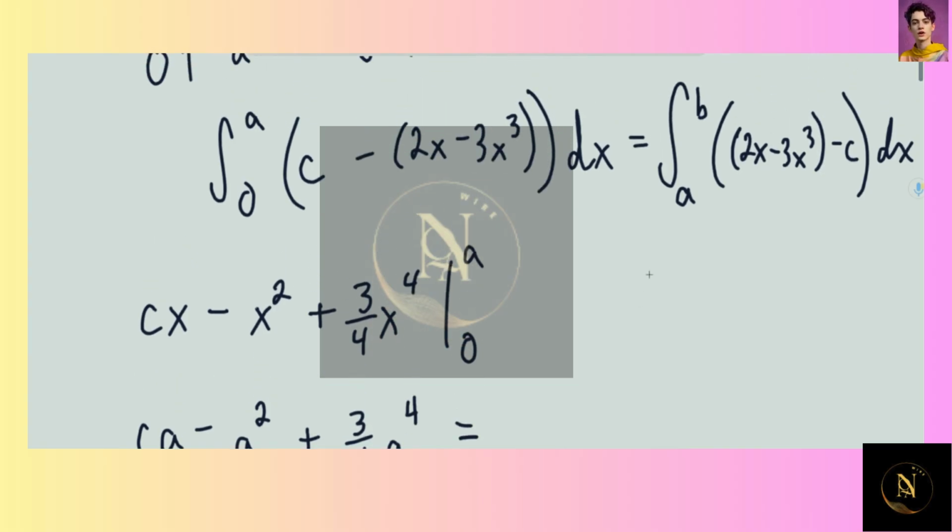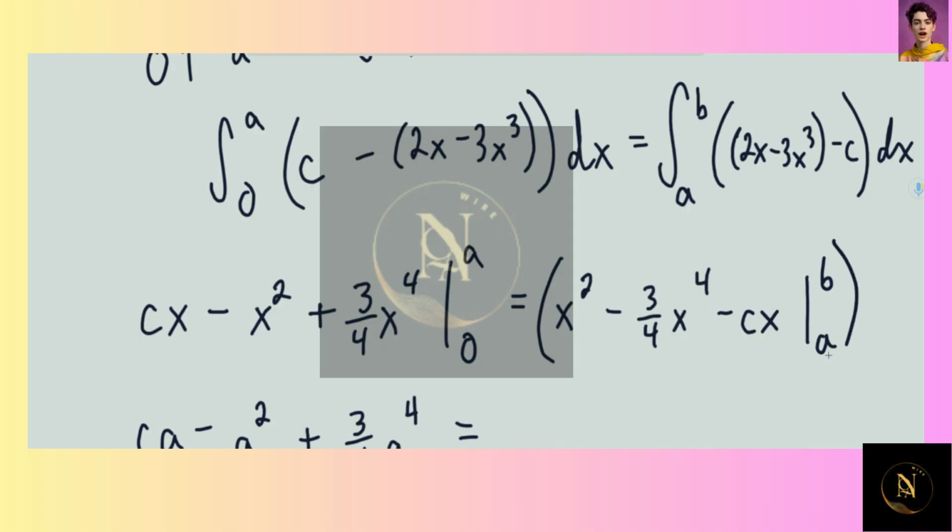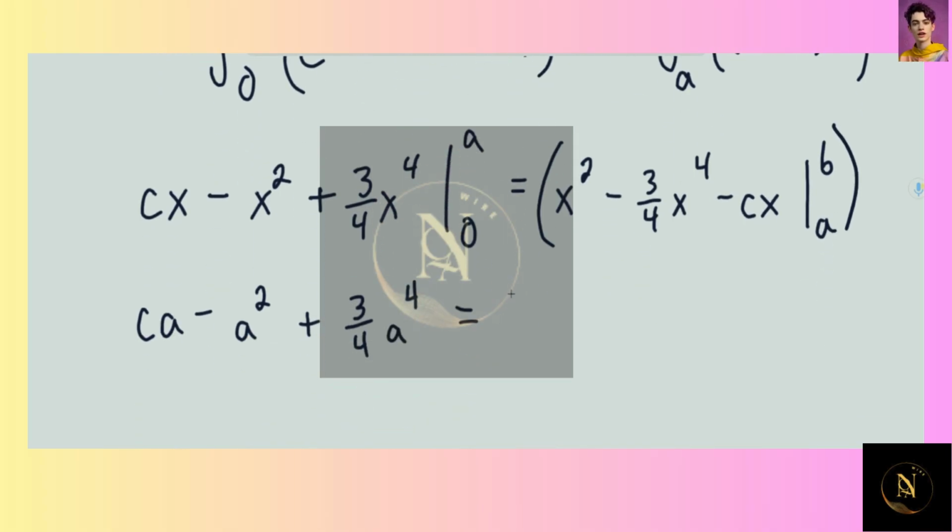On the right side, a lot of the work looks the same. You're going to get x squared minus this time 3/4 x to the 4th, minus this time cx, and that's going from a to b, which actually means plugging in your b's. Let me drop all these parentheses.